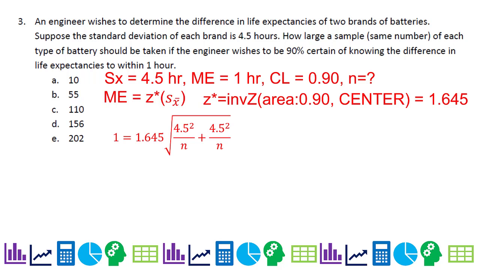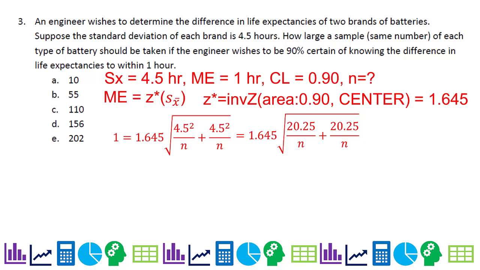Now when I substitute into the margin of error equals the critical value times the standard error for the sample, we get 1 equals 1.645. So the 1 is the margin of error. 1.645 is the critical value. And then I'm using the formula for standard error from your math chart.